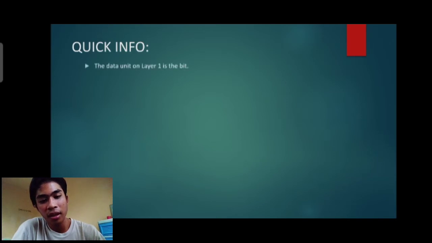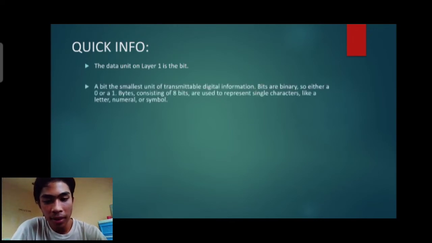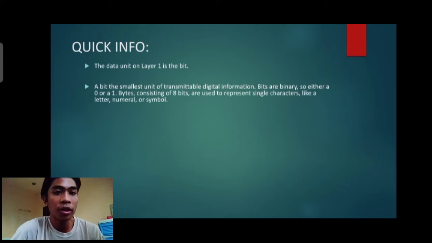Before we move on, there's a quick info. The data unit in layer 1 is the bit. A bit is the smallest unit of transmittable digital information. Bits are binary, so either 0 or 1, and a byte consisting of 8 bits is used to represent signal characters. When you study TCP/IP and the OSI model, you must first understand the smallest unit of transmittable digital information, that is bits.